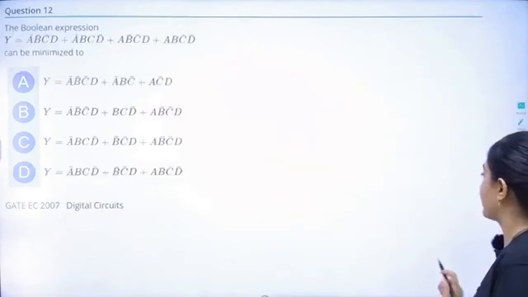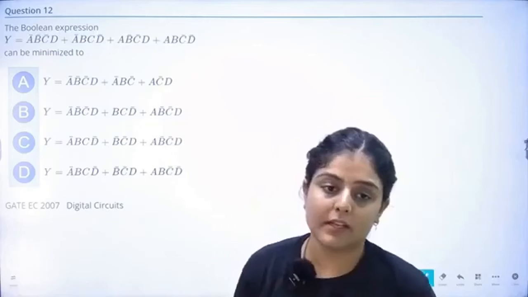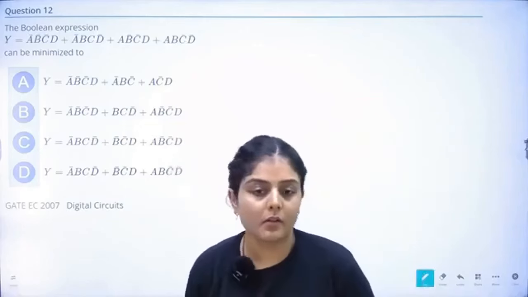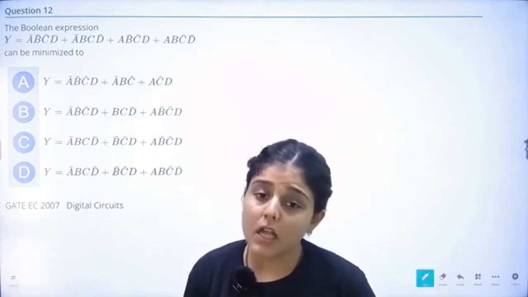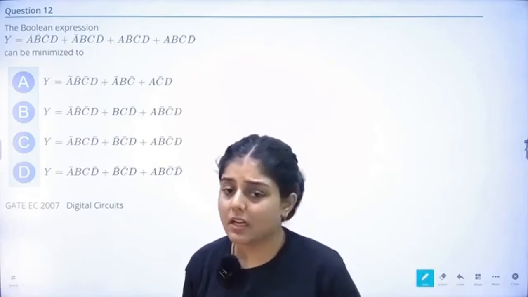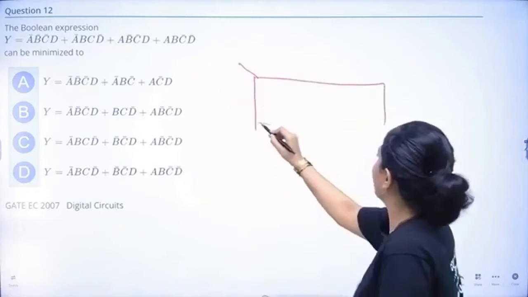Moving to the next question, which says there is a Boolean expression given. You have to minimize it. You can minimize it by using Boolean algebra or by making a K-map. The best way to do it is by K-map.